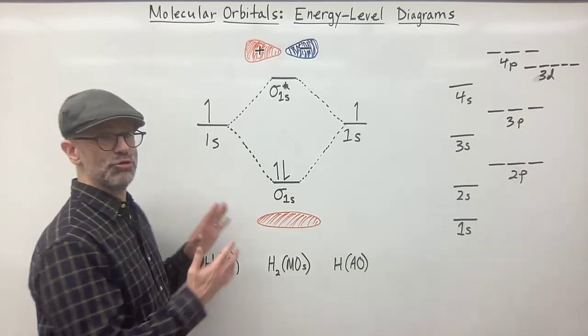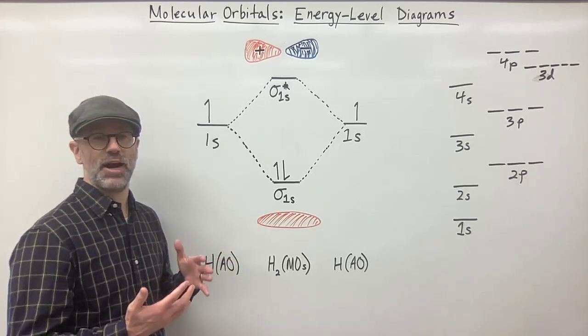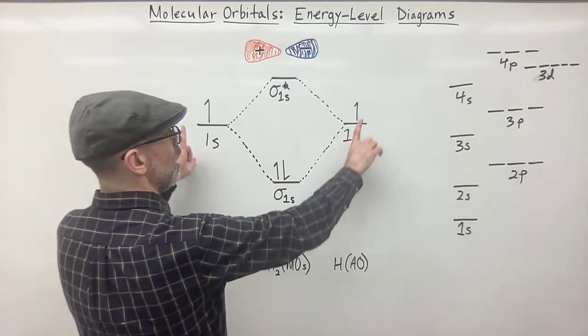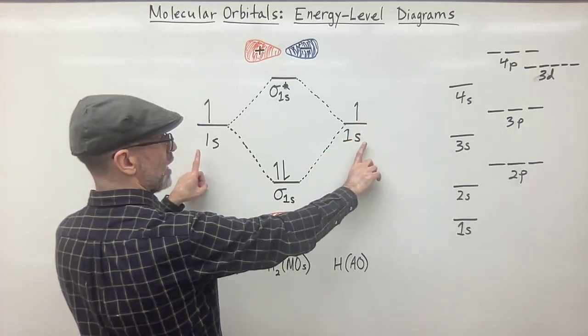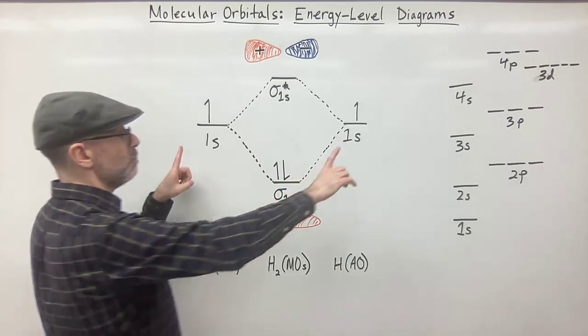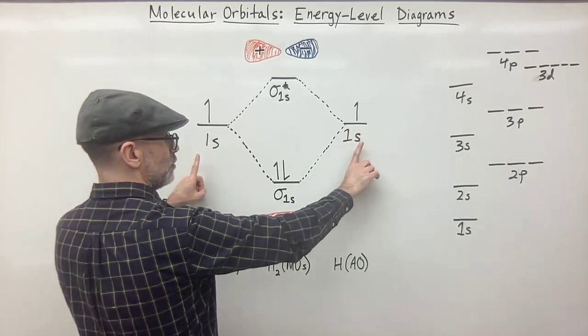The way you draw the energy level diagram for molecular orbitals is you have the unhybridized, or non-combined, parent atomic orbitals on the outside.